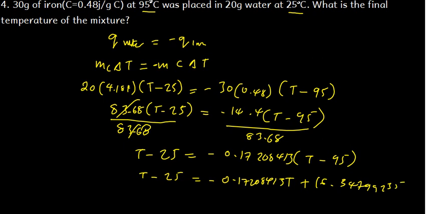So that will be positive 16.34799235. So this one which has got a T, I'm going to take it over the other side, and then the 25 I'm going to take it over the other side. What I'm gathering now is the like terms.